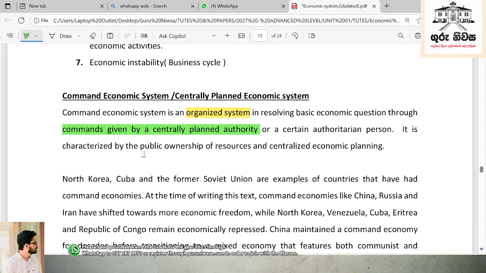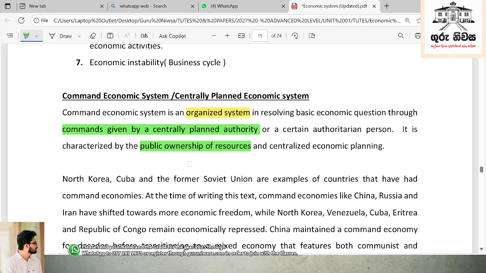It is characterized by, highlight, the main point: public ownership of resources. The government owns the more important factors of production, especially entrepreneurship, capital, and land. Labor belongs to normal people, because people should have at least one factor of production to earn something.